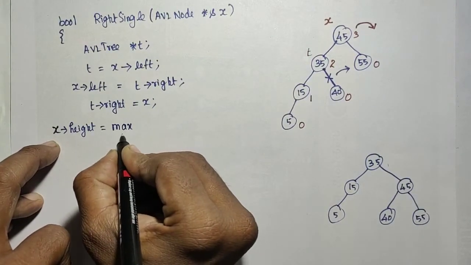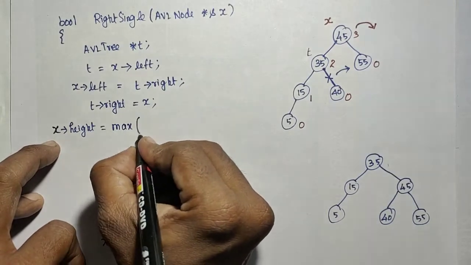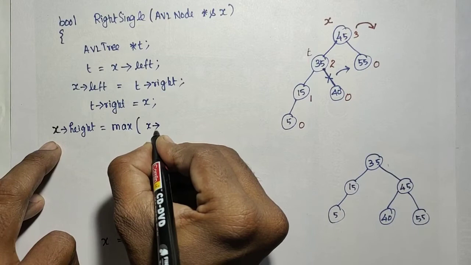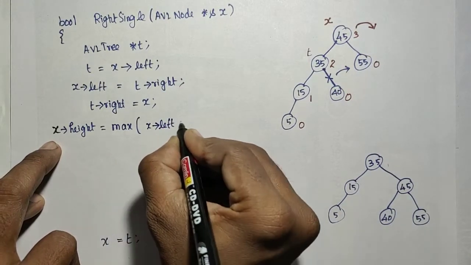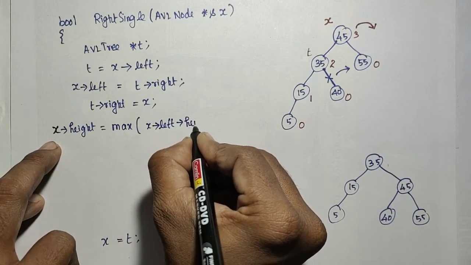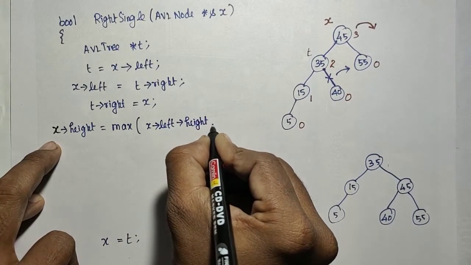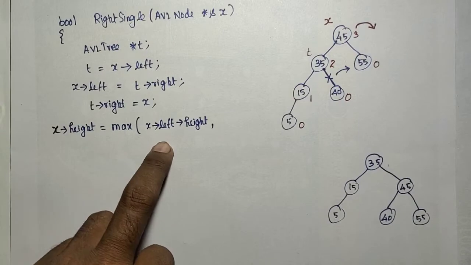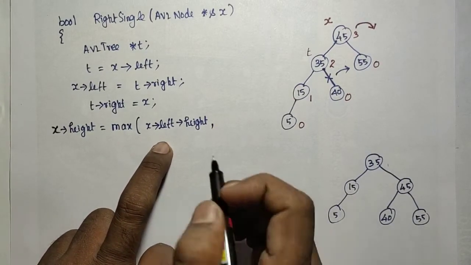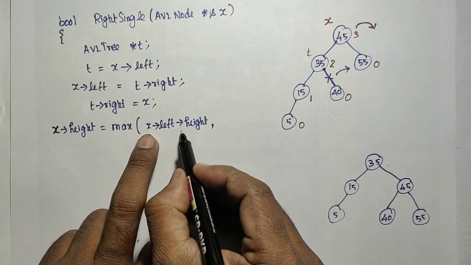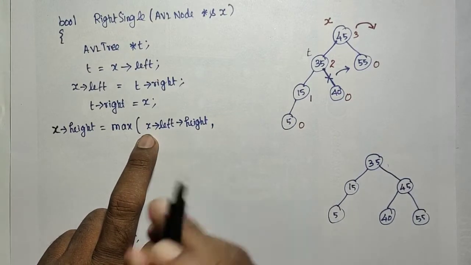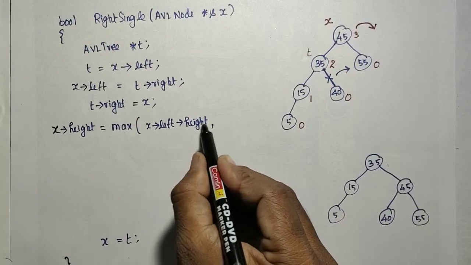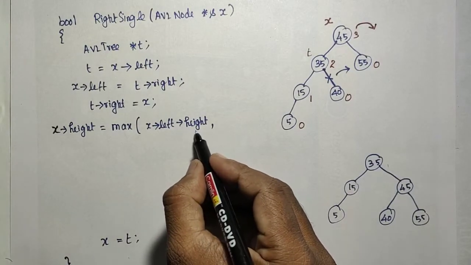Max is just a defined function, and between that x of left node height, comma. The thing is, x of left of height means the height will be returned here.